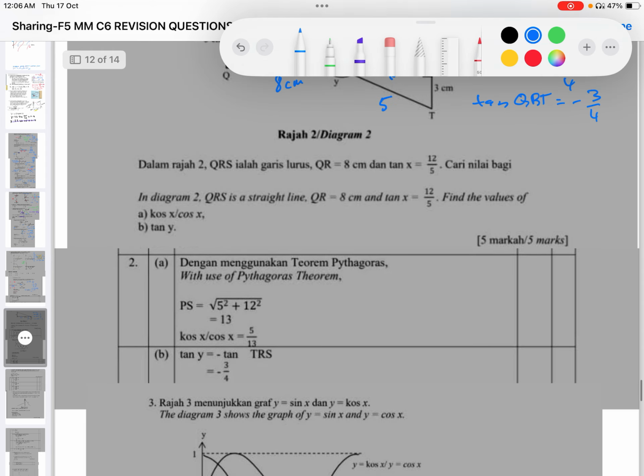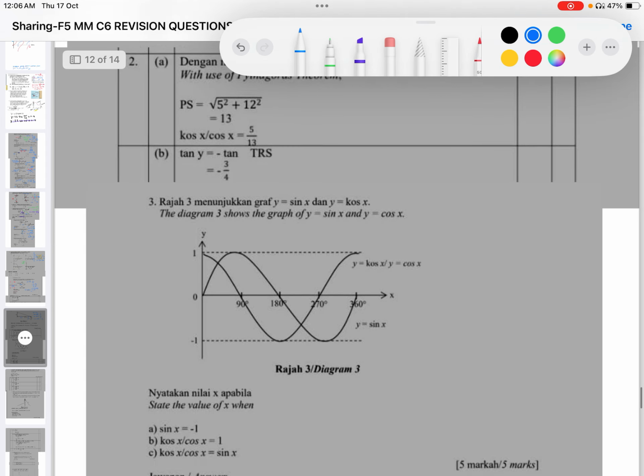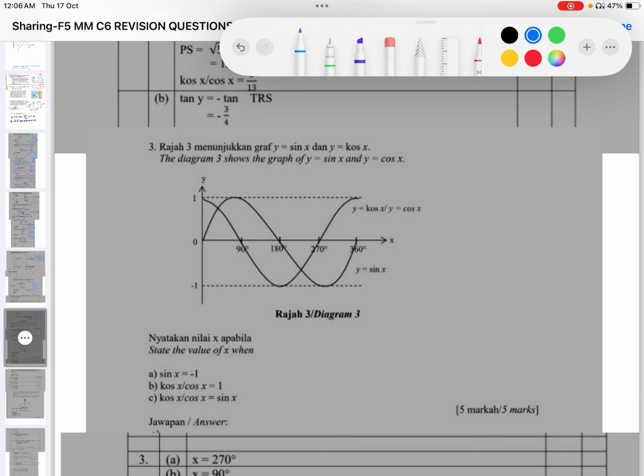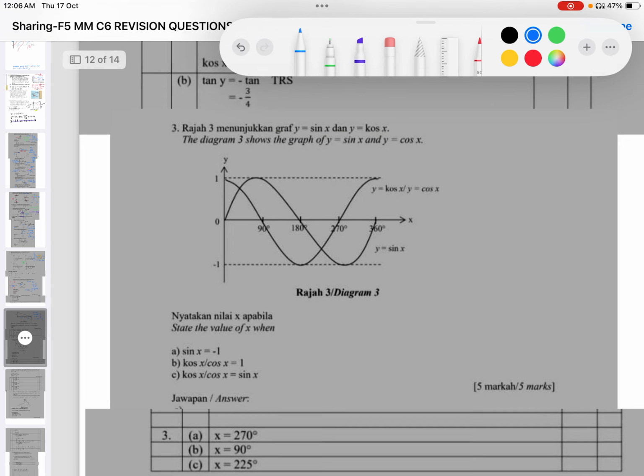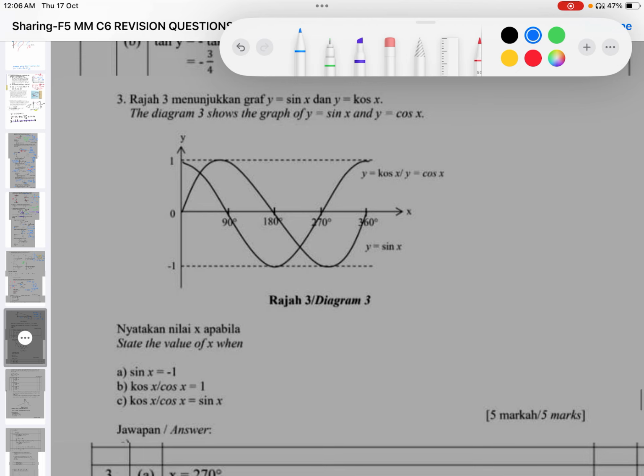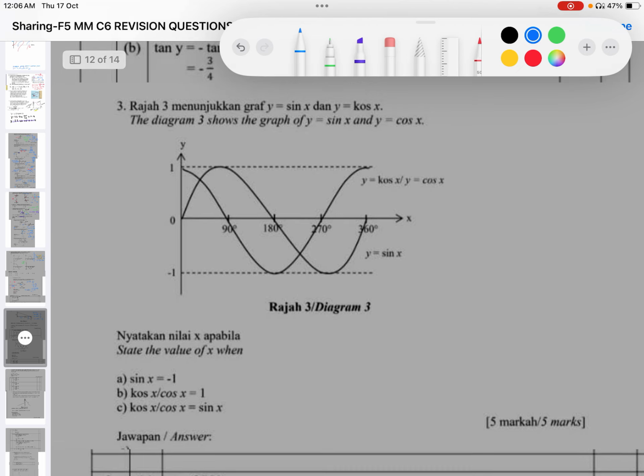Okay. Diagram 3 shows the graph of y equals to sine x and y equals to cos x. So state the value of x when sine x is equals to negative 1. So if we look at sine x, so this is sine, the blue one.